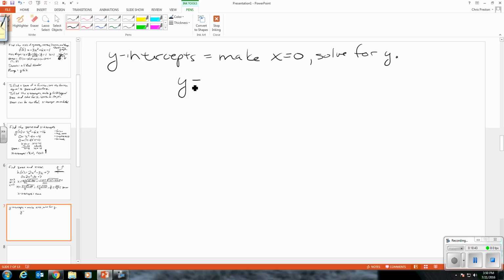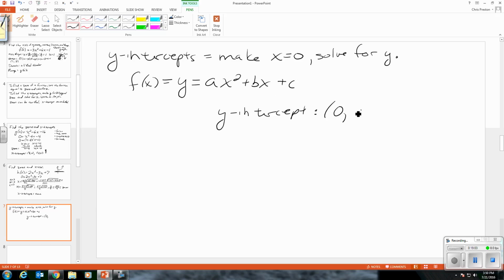In the case of something that looks like this, and again, this could be f of x or g of x or whatever, the y-intercept is going to be 0 comma c, because anything with an x is going to disappear, leaving this constant. More generally, the y-intercept is 0 comma f of 0.